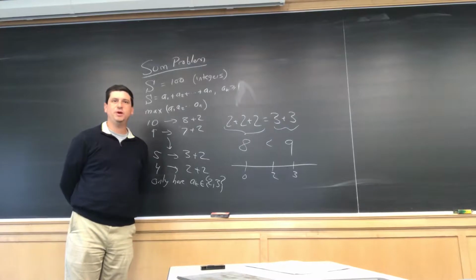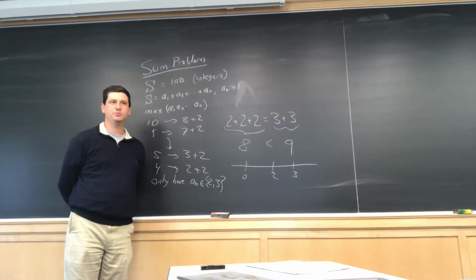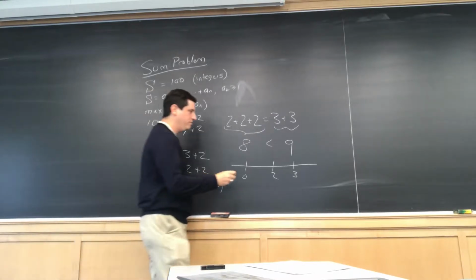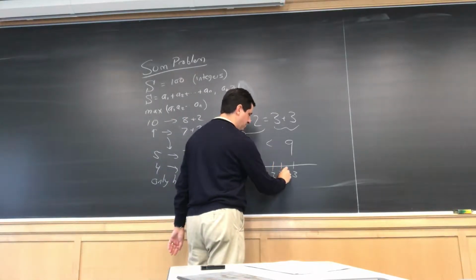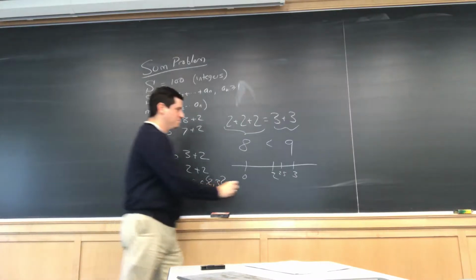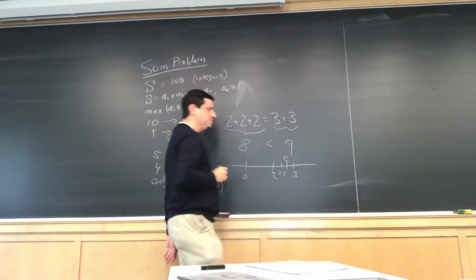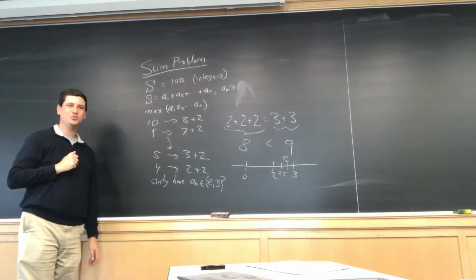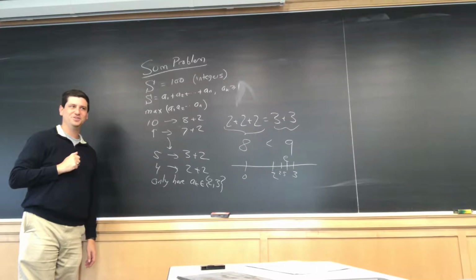Are there any numbers you might want to add that might play a role in this problem? E. Where is E? Here's 2.5. Is E closer to 2 or to 3? Yeah. That's going to play a key role in the solution of the general problem, that E is closer to 3 than it is to 2.